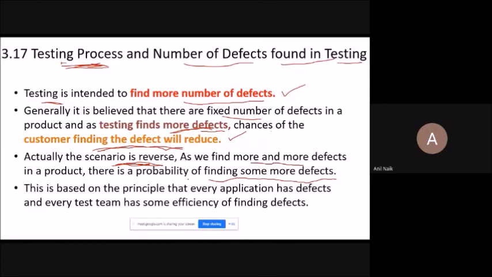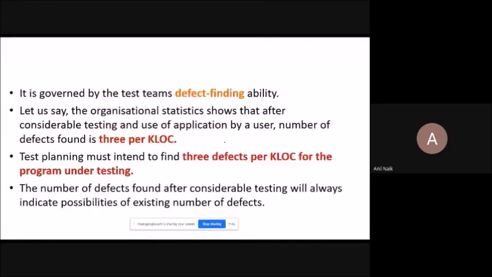This is based on the principle that every software application has defects, and every testing team has some efficiency of finding defects.